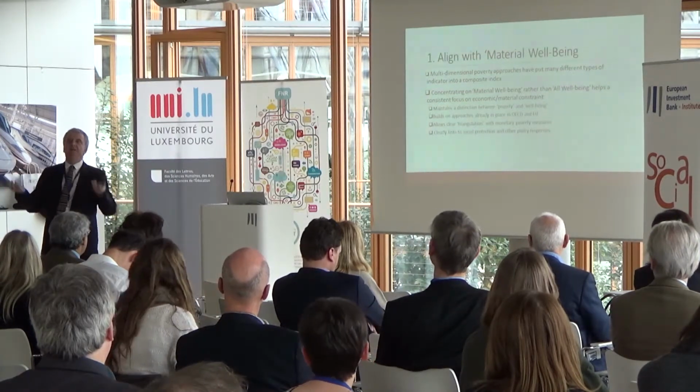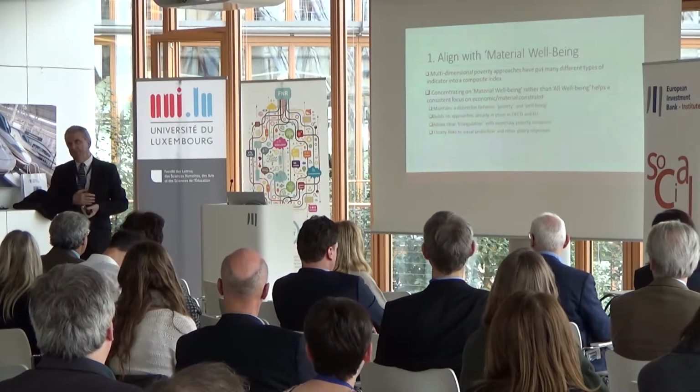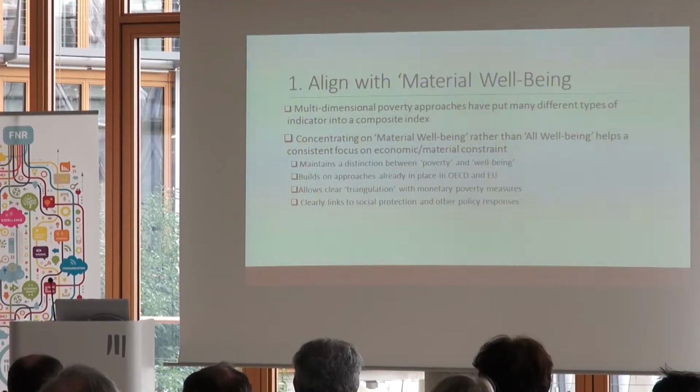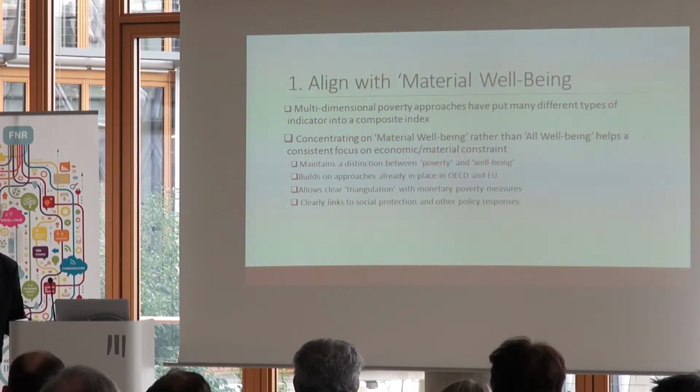Well-being deliberately means more than economic resources. It means psychosocial well-being. It means absence of discrimination. It means a whole range of things which are crucially important. But are they poverty? Is poverty or material well-being something within that larger sense of well-being that we should concentrate on?